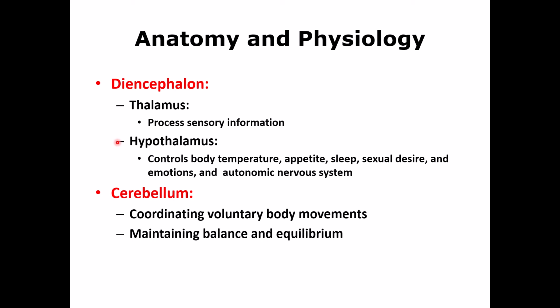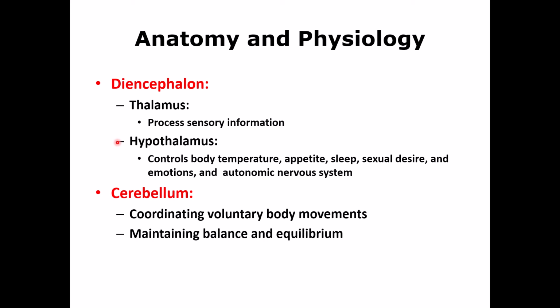And if the body temperature is cold, then just the opposite happens: the metabolism increases, and muscle activity increases, so shivering happens, and there is behavioral change like putting on extra clothes, turning on the heater, or closing the windows. So the hypothalamus has a major effect on body temperature control.